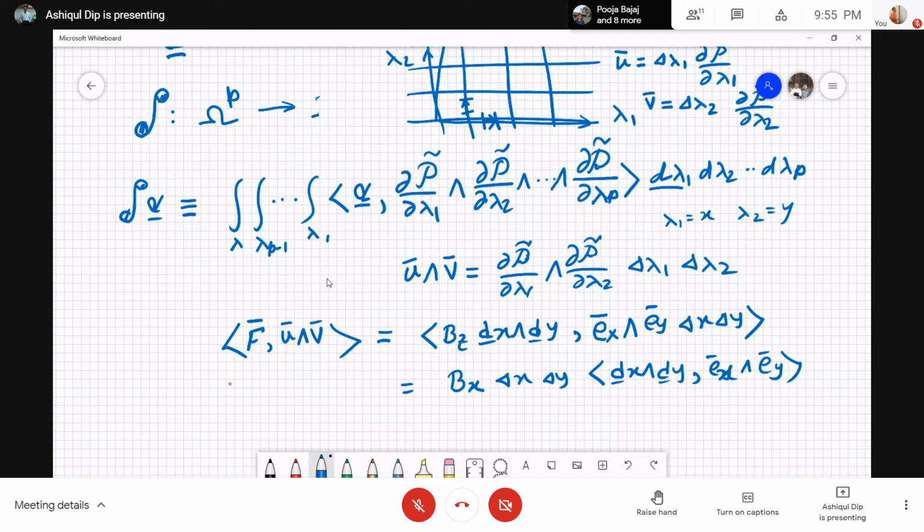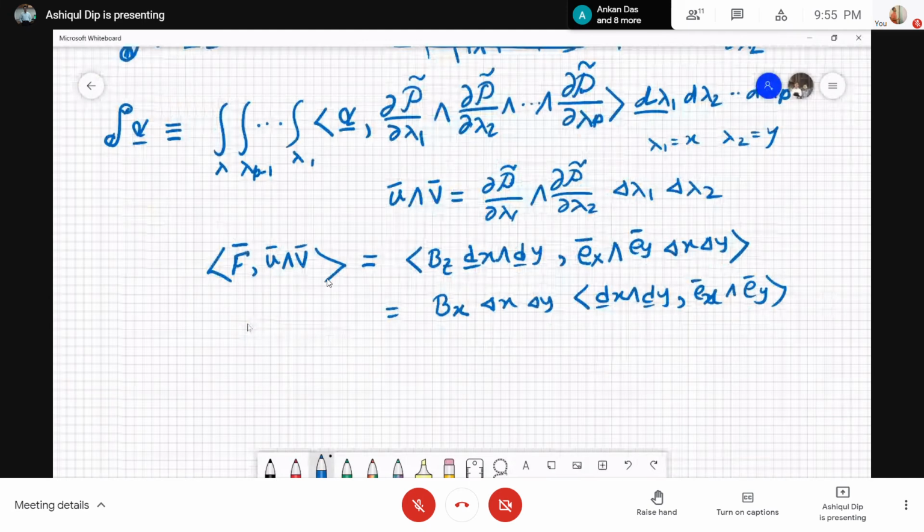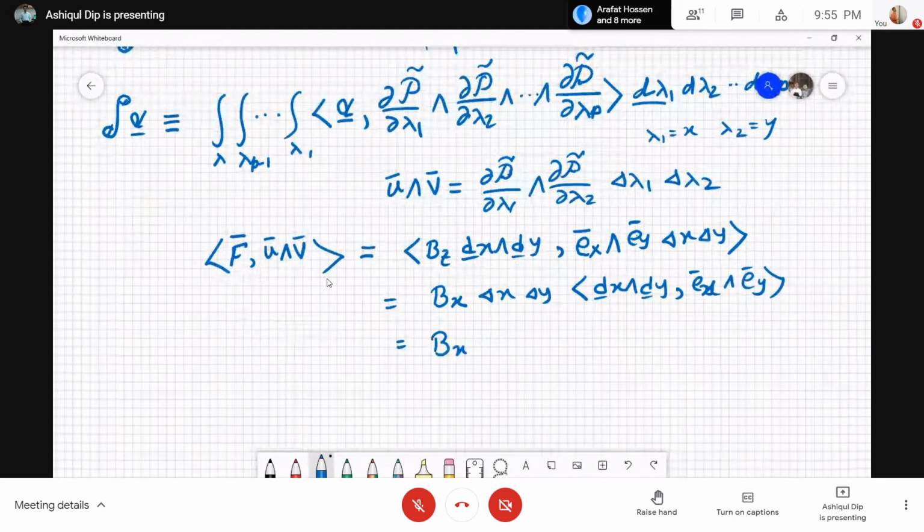So what is the piercing between those two? We have learned it. Kronecker delta xy xy. You have bx delta x delta y times Kronecker delta xy xy.